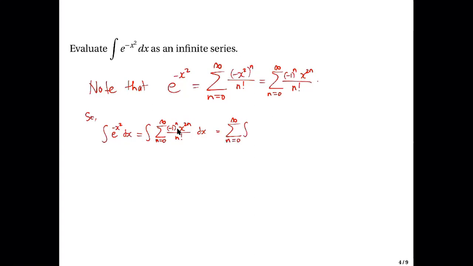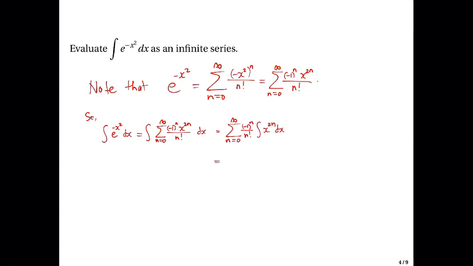Let me bring out negative 1 to the n and also n factorial. So we have here negative 1 to the n over n factorial, and then you have the integral of x raised to 2n dx.